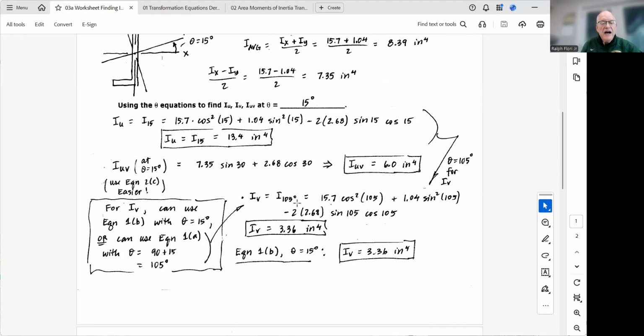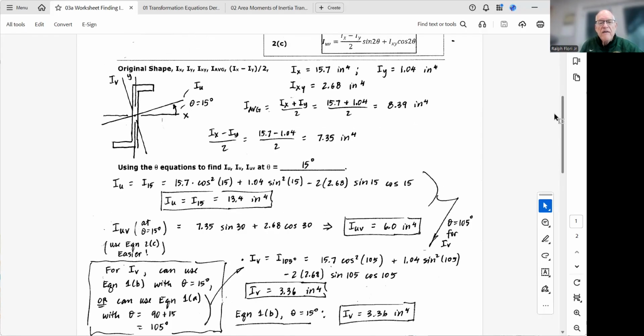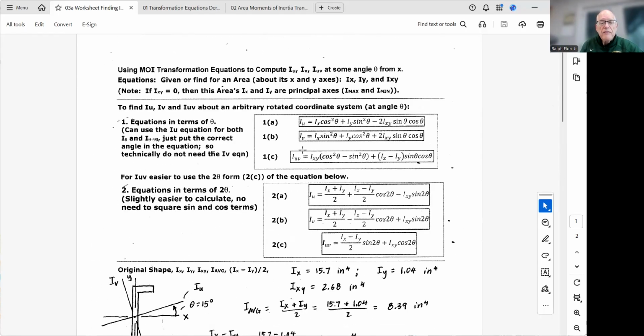Finally, the I at y prime, or the IV, or you can also call it I105. You basically take 15 degrees plus 90, you get 105. First of all, we can use the IV equation, or we can just simply take the same IU equation and plug 105 into it.